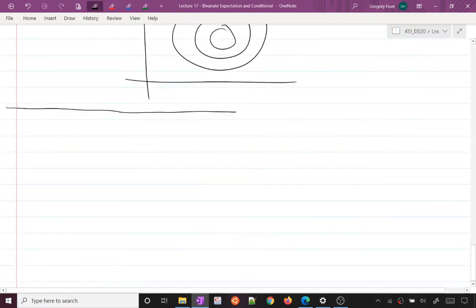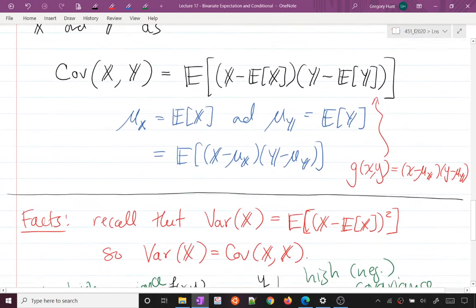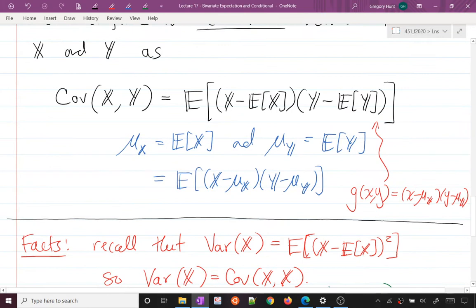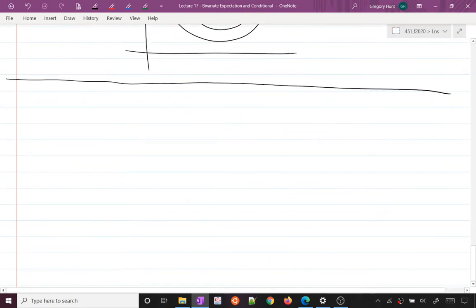One reason you don't hear about things being highly covariant is that covariance can produce an arbitrarily large positive or negative number. And what we'd really like to do is rescale covariance so that it gives us something more interpretable.